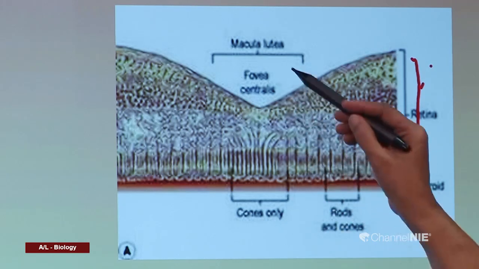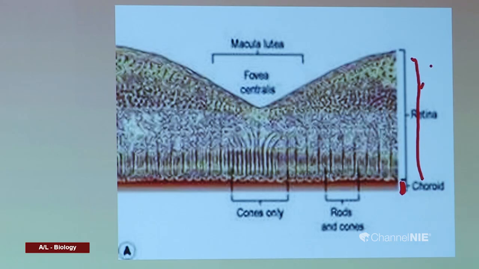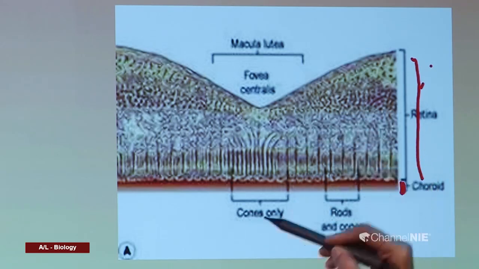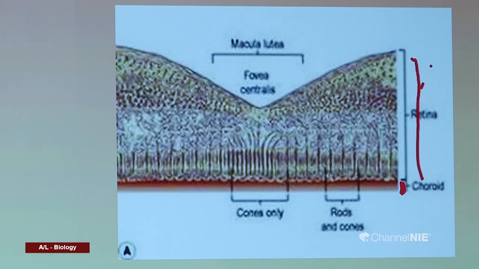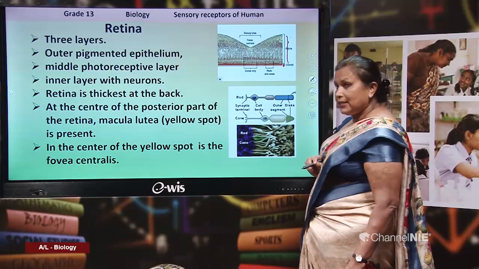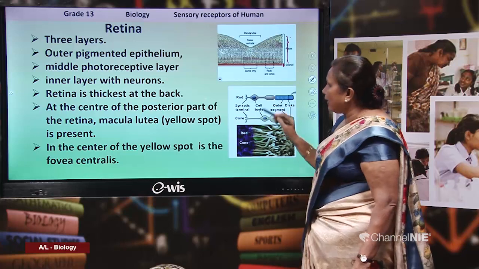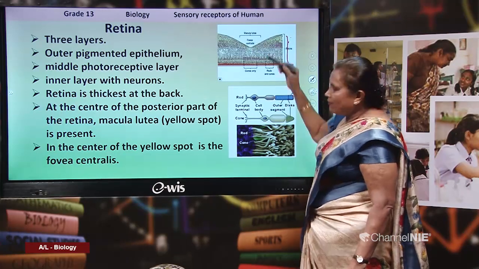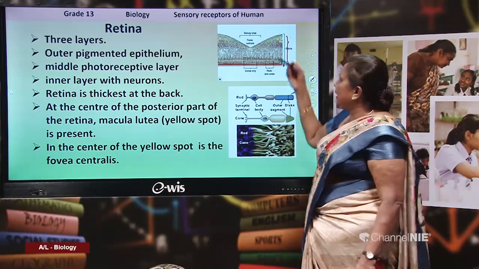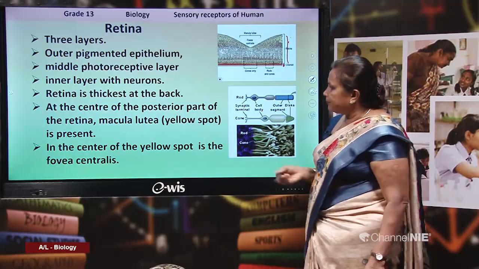The fovea centralis contains only cones. That is the important thing related to that, right? This is the place where most of the images are formed.